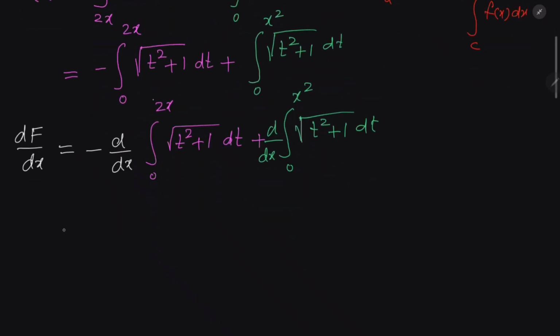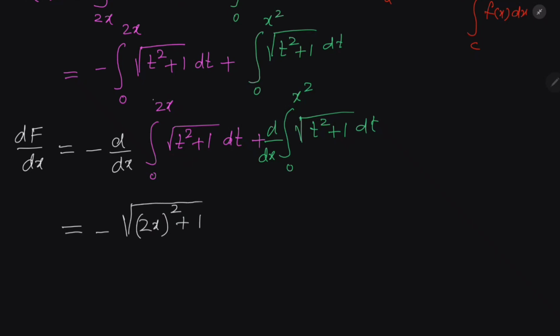So according to the fundamental theorem of calculus, you have to replace this t with 2x. So we can write minus square root of (2x) whole square plus 1.